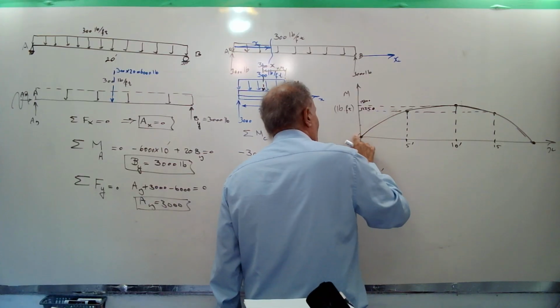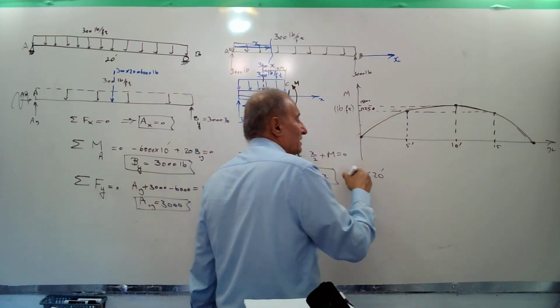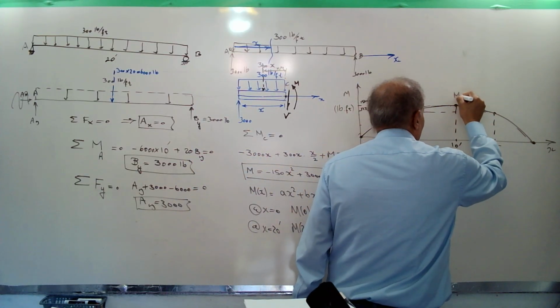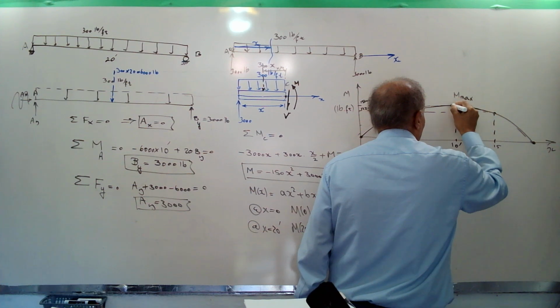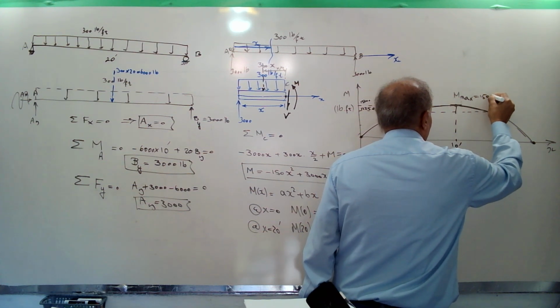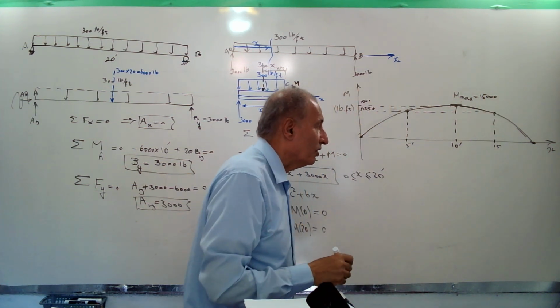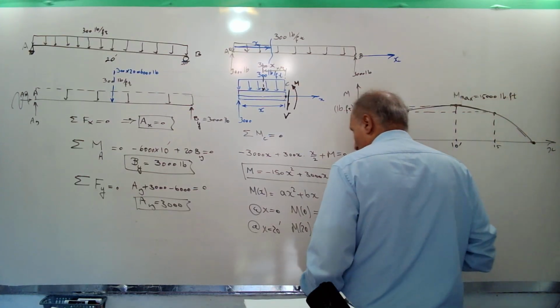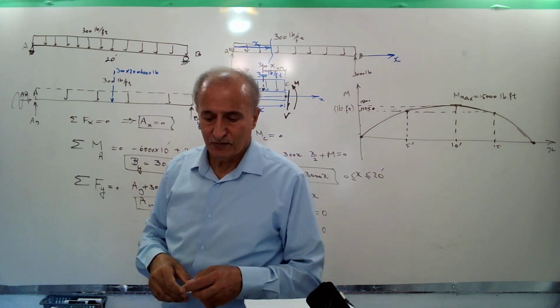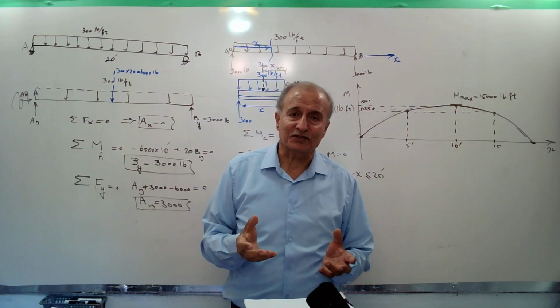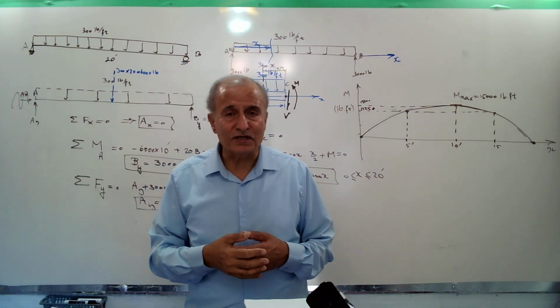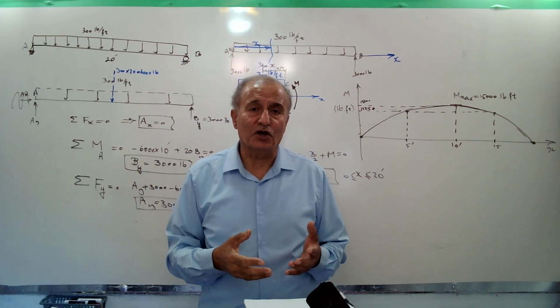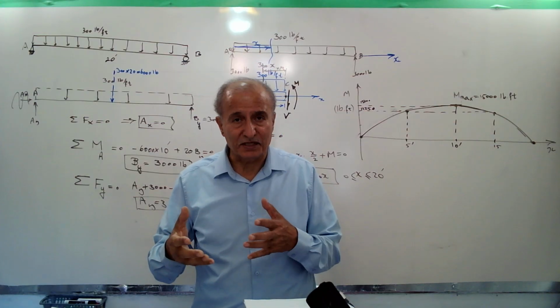The maximum is at the middle, the max, which is 15,000 pound-foot. For calculating the bending stress in beams, we are always looking for the worst case scenario, which is the maximum bending stress.